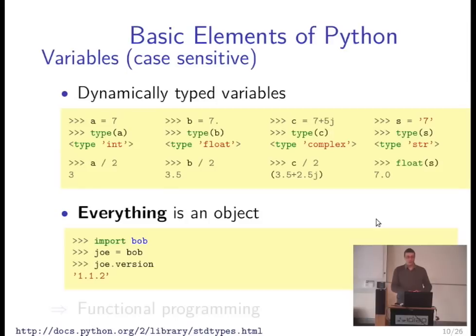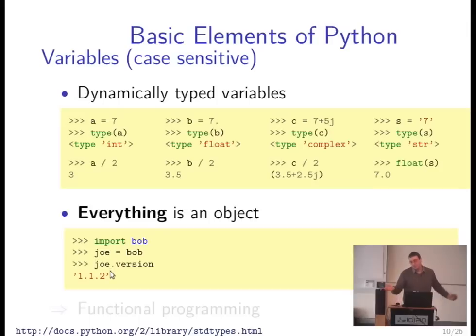Another note on variables in Python is that everything inside the Python language is an object. So when you import a module, it is an object like any variable or anything else. So, for example, if you do not like the name Bob, then you say, okay, we import Bob, we say Joe equals Bob, and now you can use Joe the same way you would use Bob.